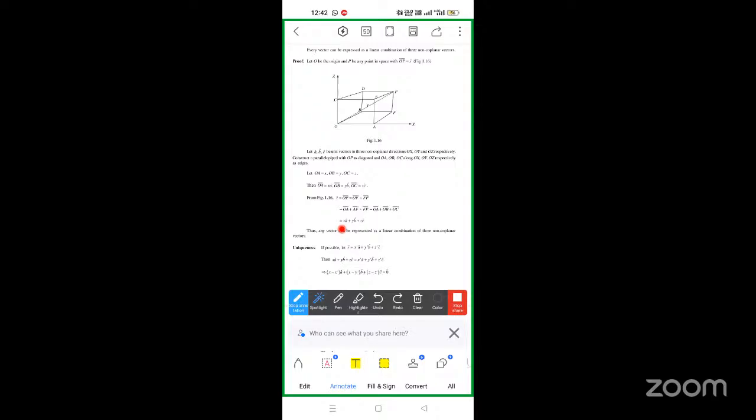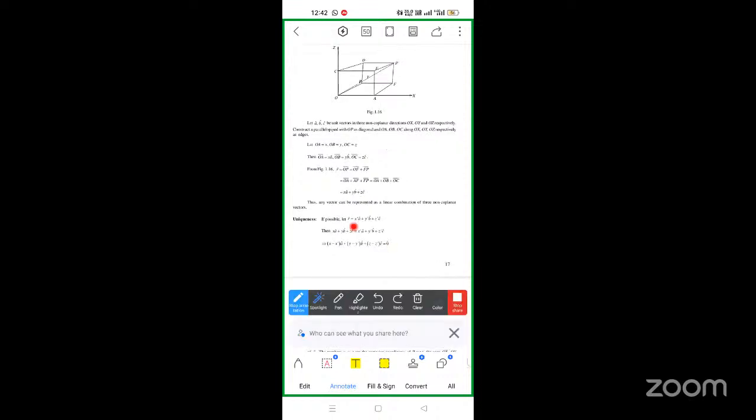Now we have to show uniqueness. Uniqueness means, assume the position vector r bar is equal to x dash a bar plus y dash b bar plus z dash c bar. If these two vectors are equal, then x a bar plus y b bar plus z c bar is equal to x dash a bar plus y dash b bar plus z dash c bar. So therefore, (x minus x dash) into a bar plus (y minus y dash) into b bar plus (z minus z dash) into c bar is equal to 0.